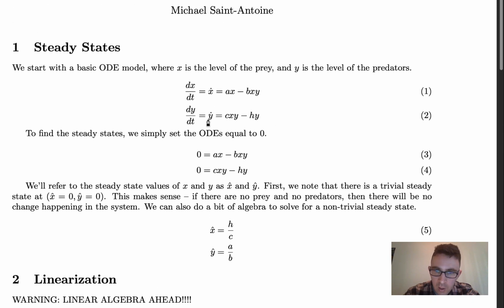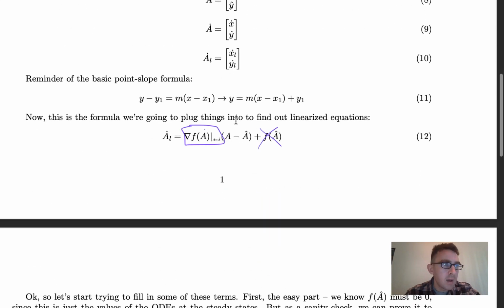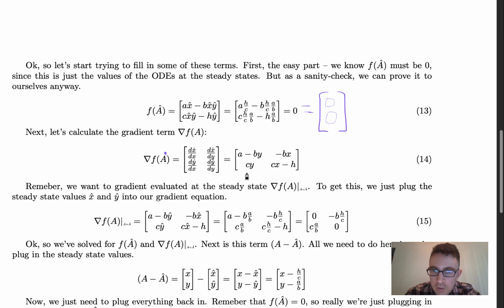We go up here to our equation for y dot and take the derivative of this equation with respect to x. It should be cy. Again, I'm hoping you remember how to take a simple derivative like this. Just plug that into our gradient matrix.